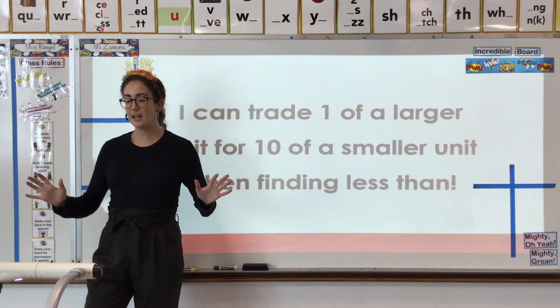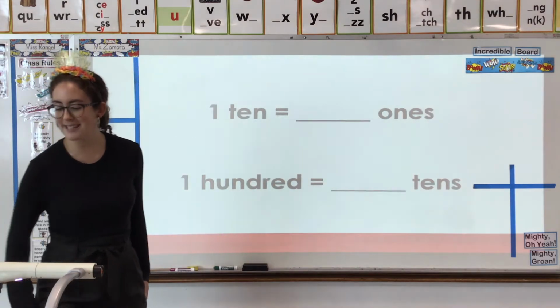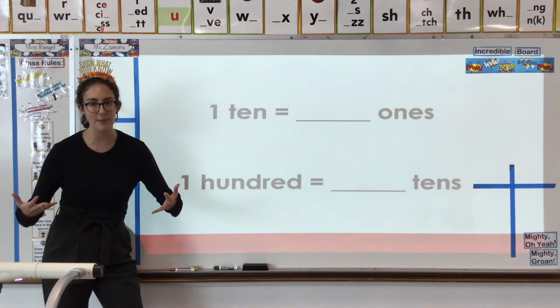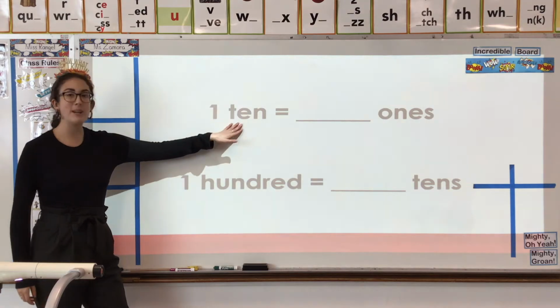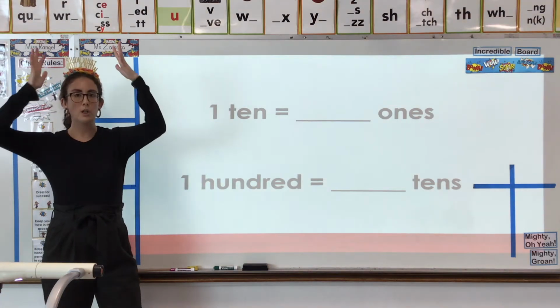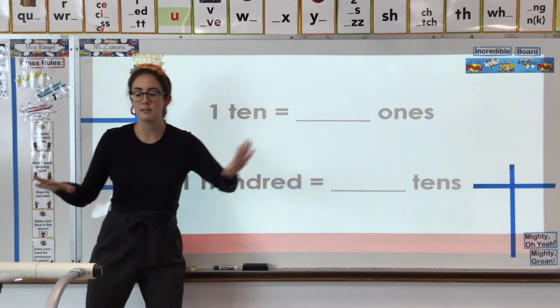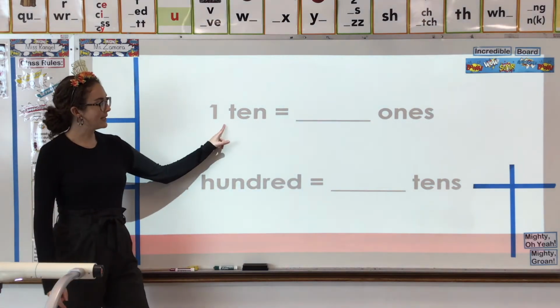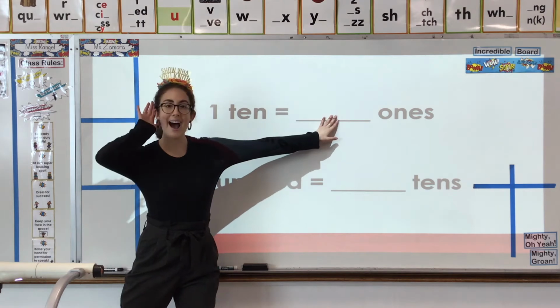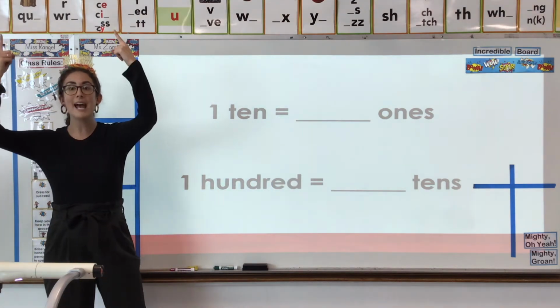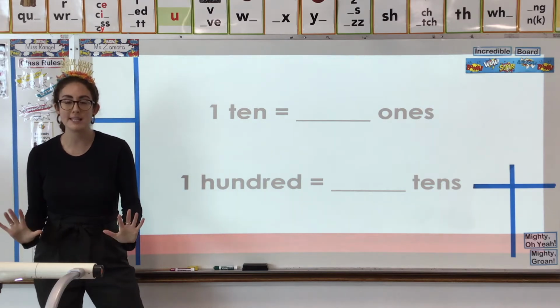So to kick it off, I reversed these sentences from yesterday, and can you shout them out for me? So if we have 110, a larger unit, it equals how many ones? A smaller unit. 110 equals 10 ones, of course. 110 equals 10 ones.